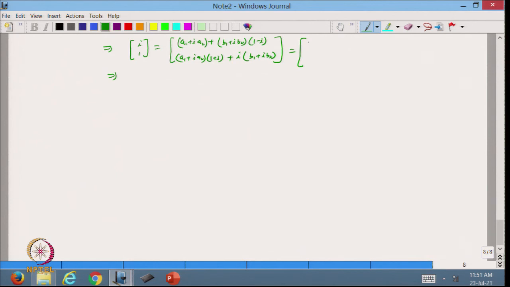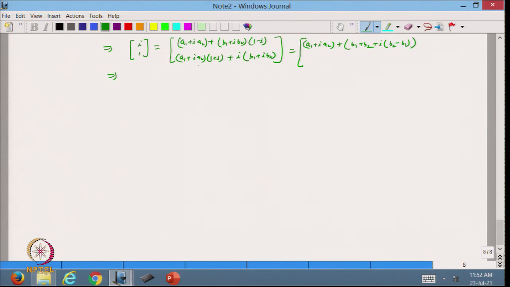It will be a1 plus i a2 plus, multiplying here, b1 plus b2, because i b2 times minus i gives minus i squared b2, and i squared is minus 1, plus i times (b2 minus b1).